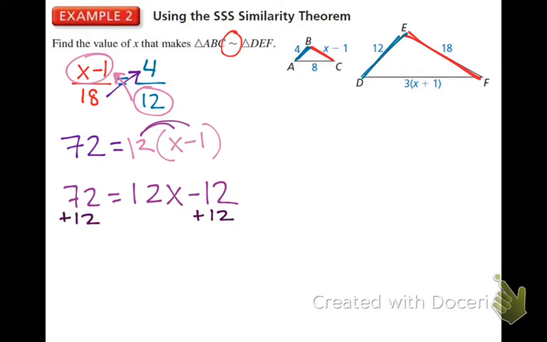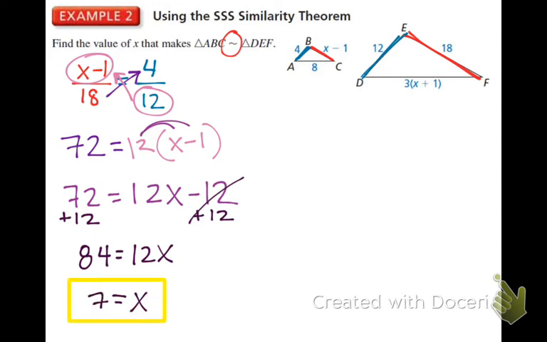Add 12. 84 equals 12x. So what does x equal? 7. So we're going to pick back up on that tomorrow, the last one, just as a review of today.